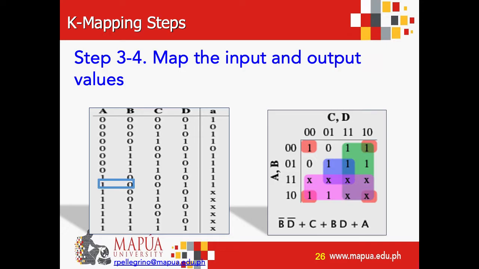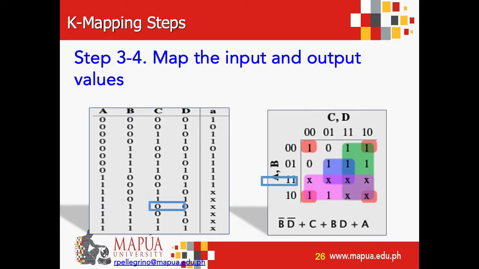For another row, 1 0, which can be found at the bottom part of the grid due to the gray coding, and the column part 0 1 for the CD, its intersection gives an output of 1, which is the value in the cell.